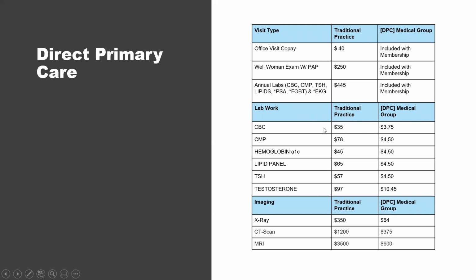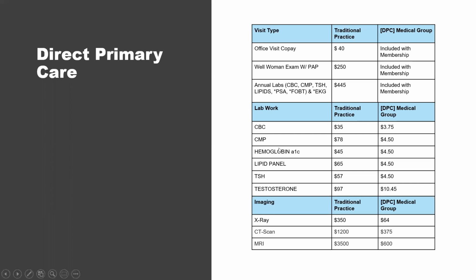I guess in some places it could cost up to $1,000, whereas for them, it's contracted. So they've made a deal with a lab in their community to say, we'll send our patients to you and we want them to only have to pay $3.75 for that complete blood count. So that's lower than even the $11 range.